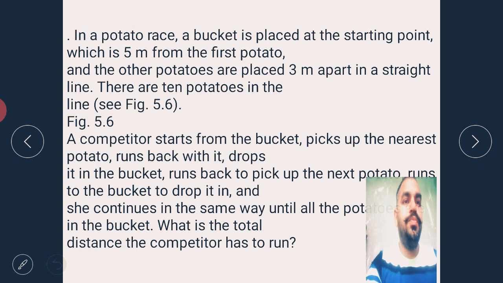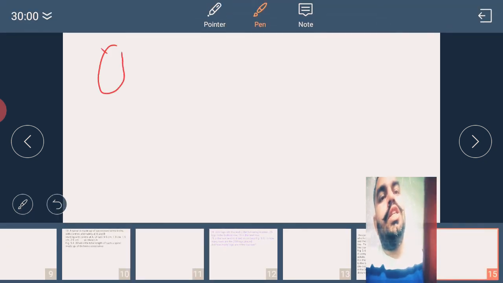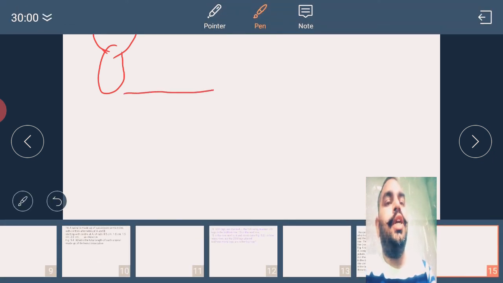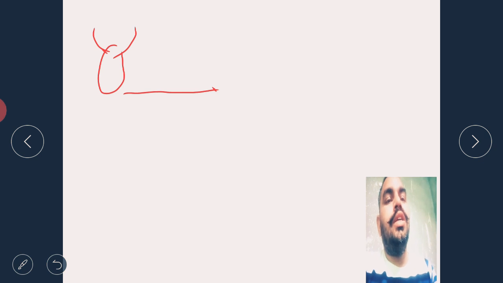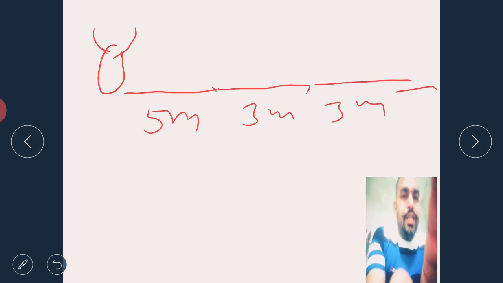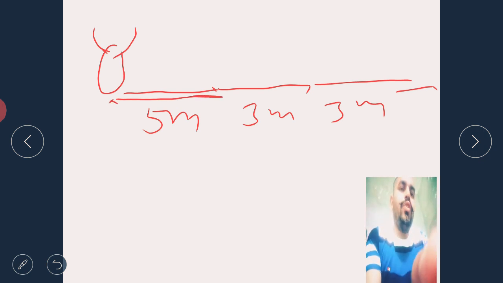The next question, very important question, but very easy question is this, so try to understand this. एक लड़की है, यहाँ पे एक बकेट रखी हुई है लड़की ने, और इसमें उसने पोटैटोज़ डालने हैं, और यहाँ से फर्स्ट पोटैटो की दूरी 5 मीटर है, 5 मीटर. नेक्स्ट कंजिक्यूटिव पोटैटो इज 3 मीटर, नेक्स्ट इज 3 मीटर एंड नेक्स्ट इज 3 मीटर. व्हाट शी डिड? यहाँ से चलती है, इस पॉइंट से यहाँ तक गई और फिर वापस आई.